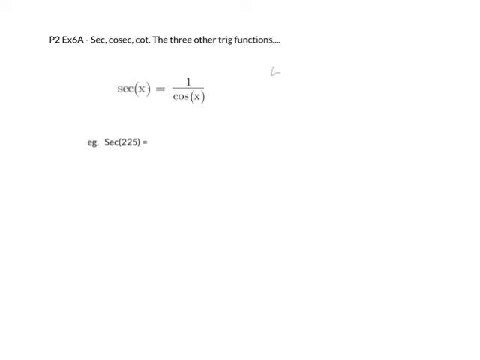Okay, so making a start, just by looking at the equation, we know that when cos is positive, sec will be positive, and when cos is negative, sec will be negative. And that's just by looking at that equation, because they basically have the same sign. So the kind of thing we're going to get asked here is to evaluate sec of 225.